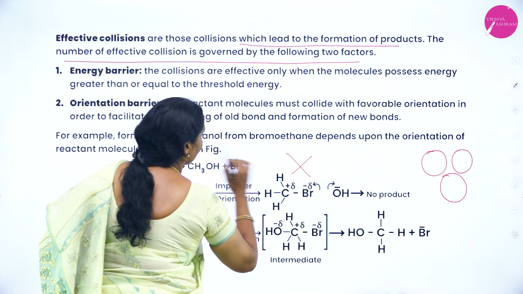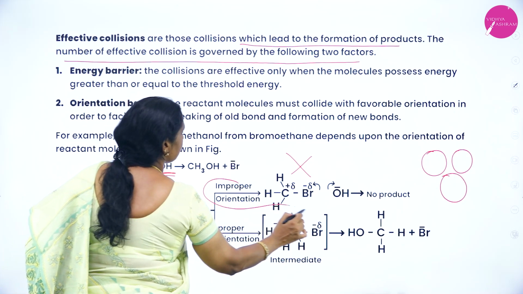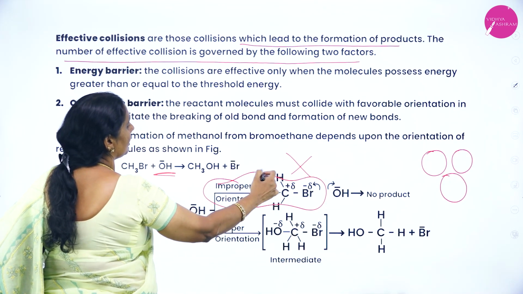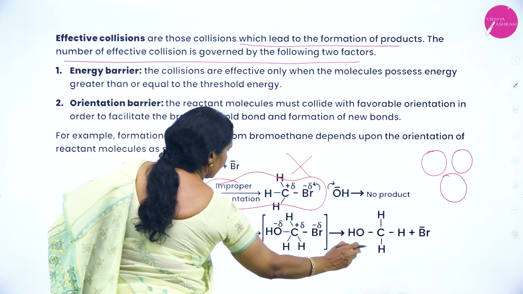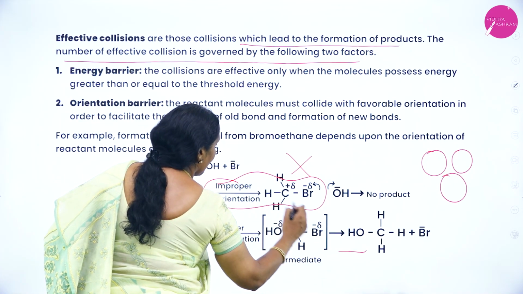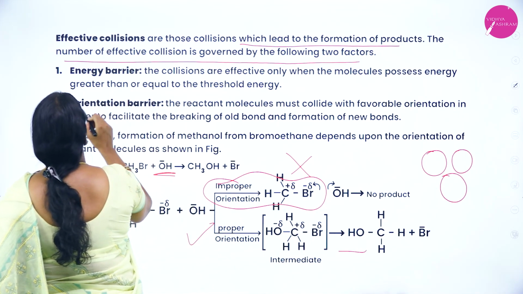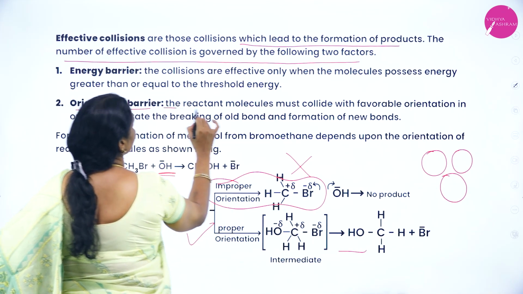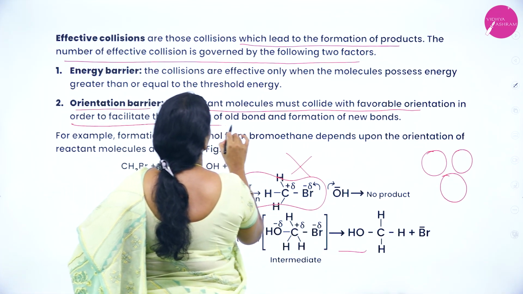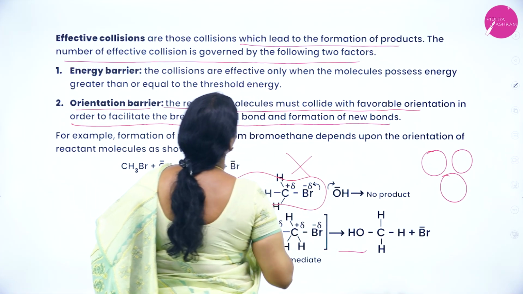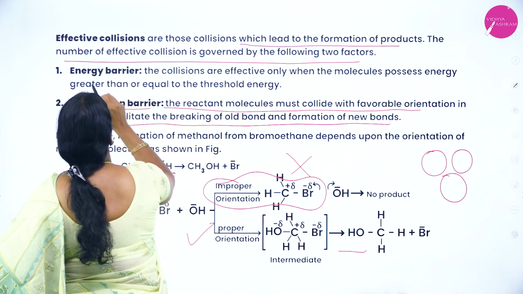Here there is no formation of product because of improper orientation. Here there is formation of product because it is properly oriented. Therefore, there is an orientation barrier. The reactant molecules must collide with favorable orientation in order to facilitate the breaking of the old bond and formation of the new bond.